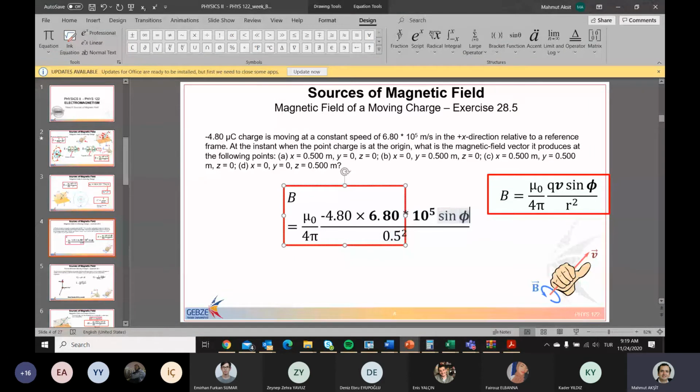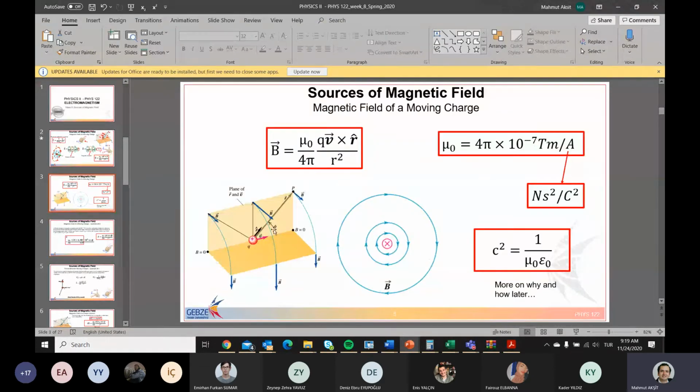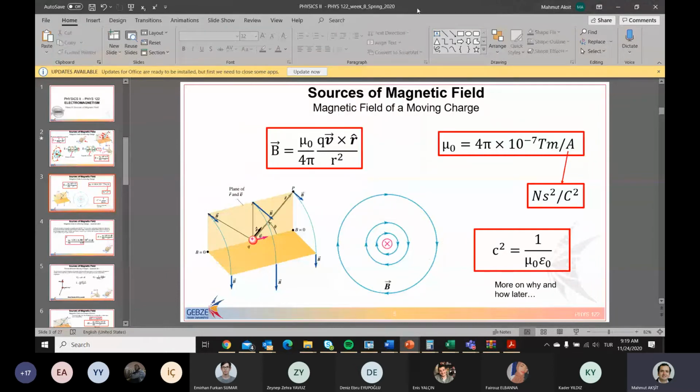Here, phi is the angle between the r vector and the velocity vector. Here, for the r vector, we are talking about x is 0.5, and the particle is moving in the positive x direction. So let's say this is the positive x direction.